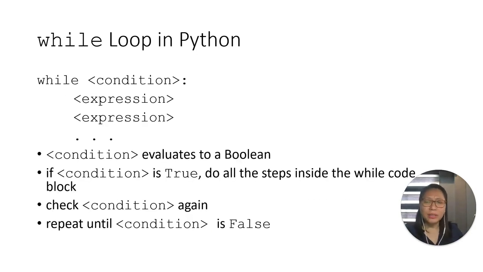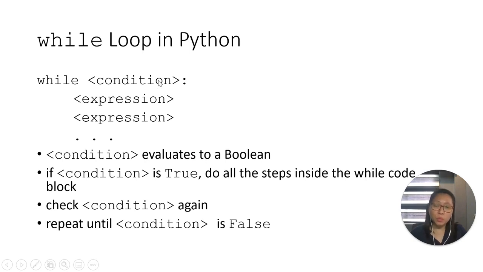So in Python, the while loop syntax is this one. So we have while, and then the condition, colon, and expression. So this set of expressions or lines of codes is a code block. So here, condition evaluates to a Boolean.